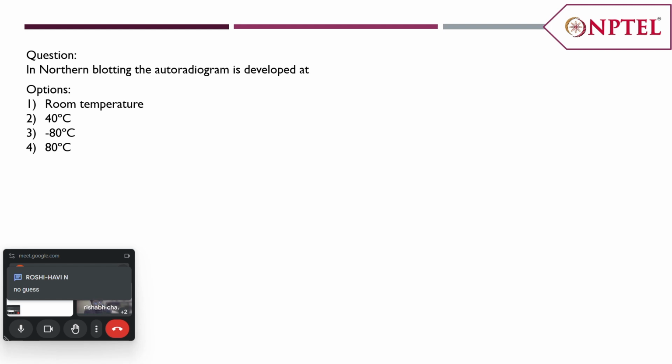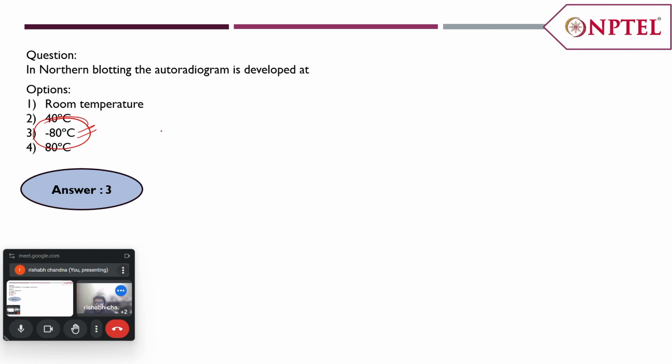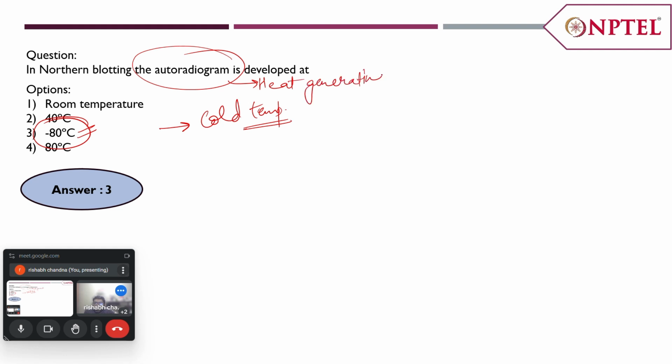The autoradiogram is developed at minus 80 degrees Celsius, because this requires a really cold temperature. This development is a heat generating step, so for that we require a cold temperature so that the RNA is not degraded.